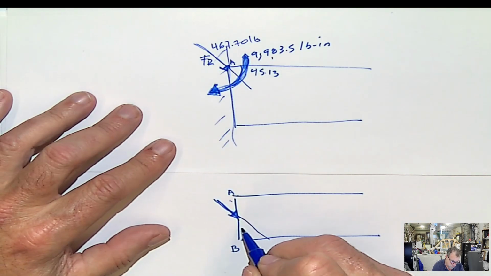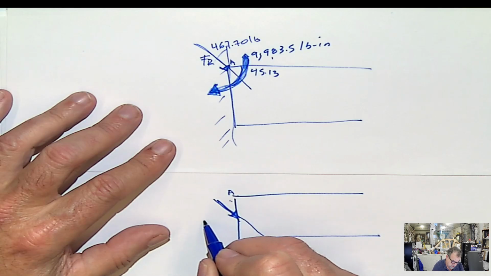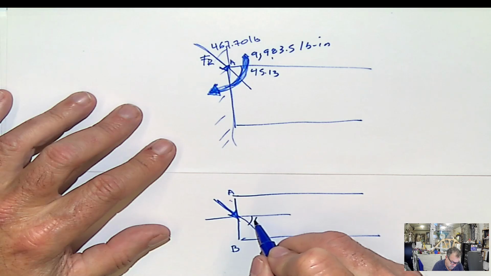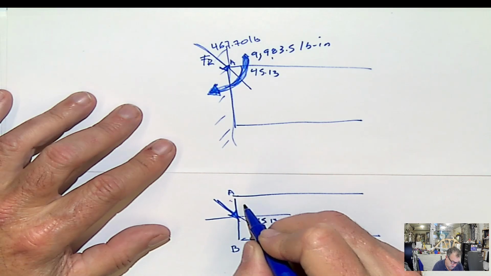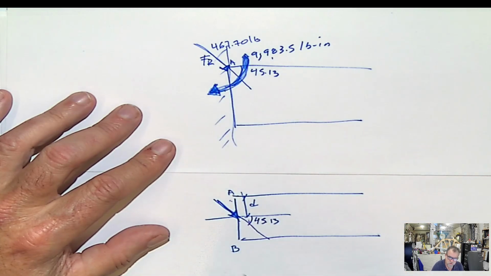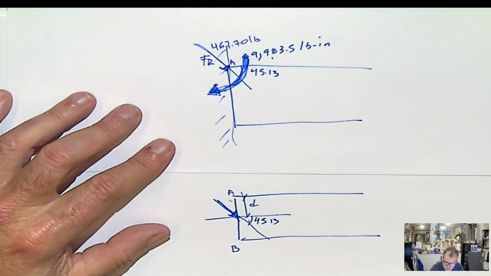This force with this angle that we calculated, 45.13, at a distance d from this line, has to produce that moment. Now remember, that force has two components.